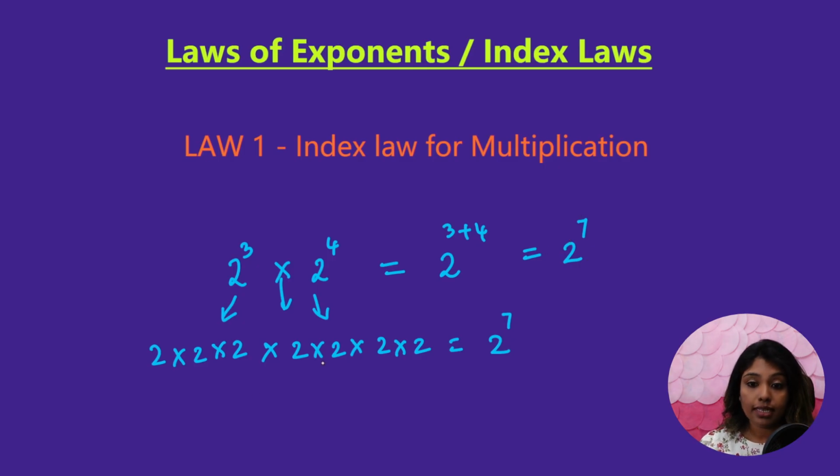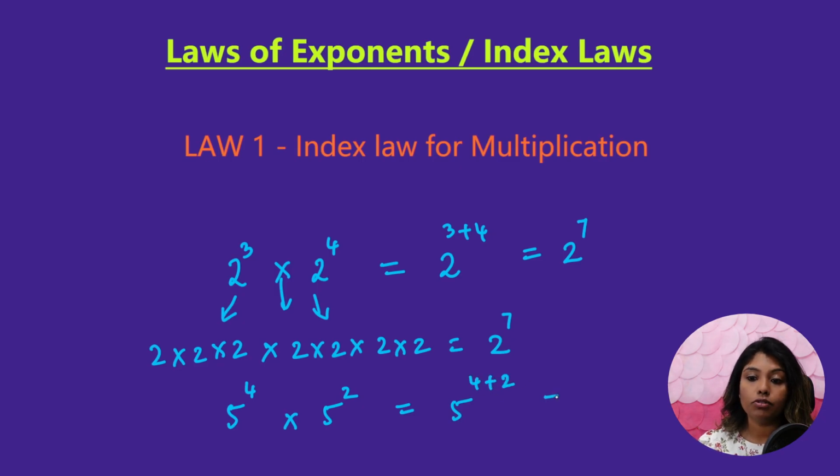Okay. This applies again to any kind of exponent, just that the base has to be the same. So let's say you have 5 to the power of 4 times 5 to the power of 2. The rule is if you have the same base and multiplication in between, you just add the powers, which is the exponent.